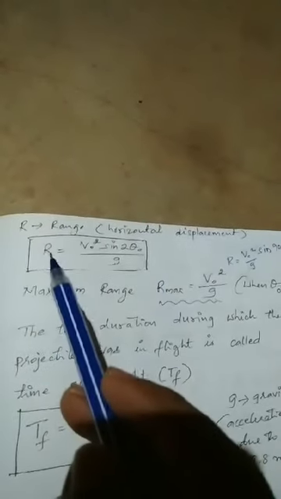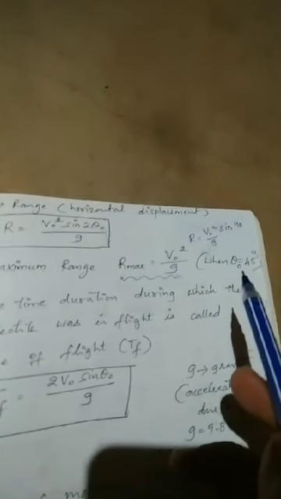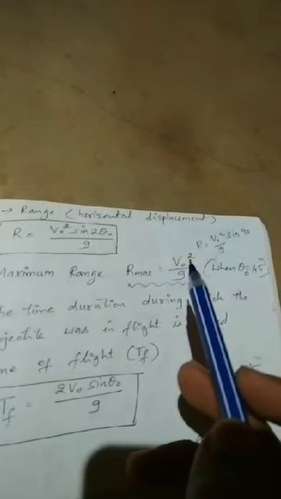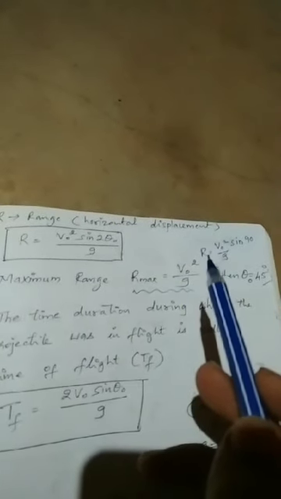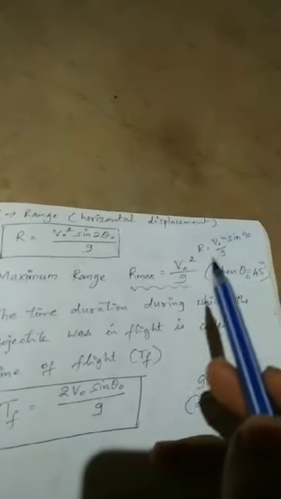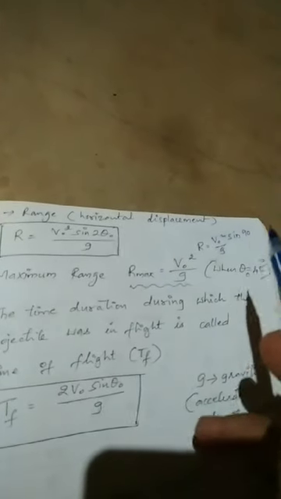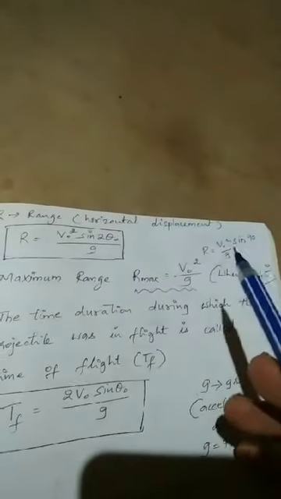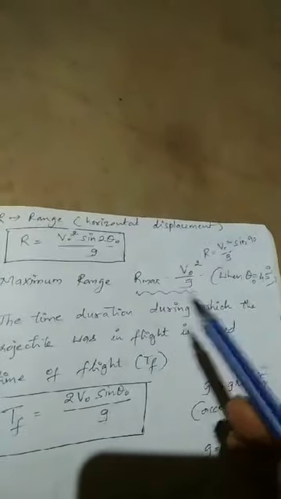R becomes maximum when theta naught is 45 degree, and R maximum equals V naught square by g. Why is it so? Sin 90, because 45 into 2 is 90, and sin 90 is 1. So this equation is important, underlined, important.